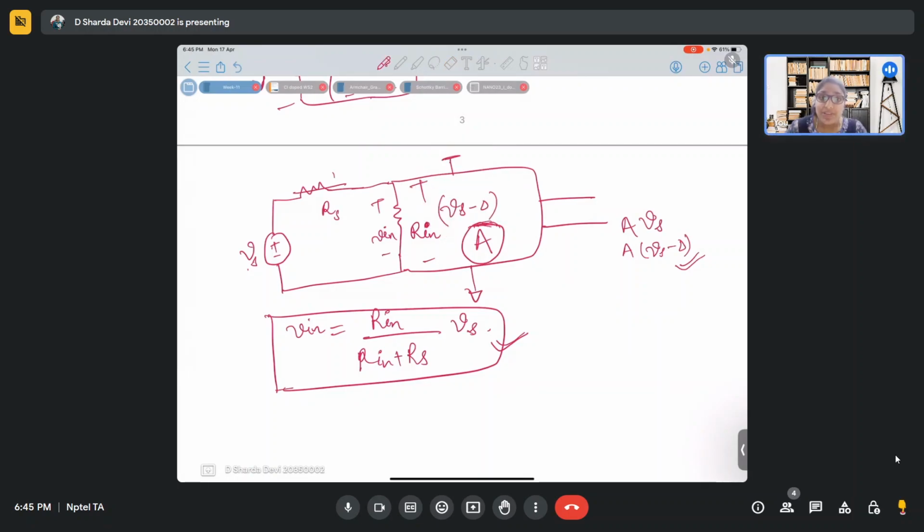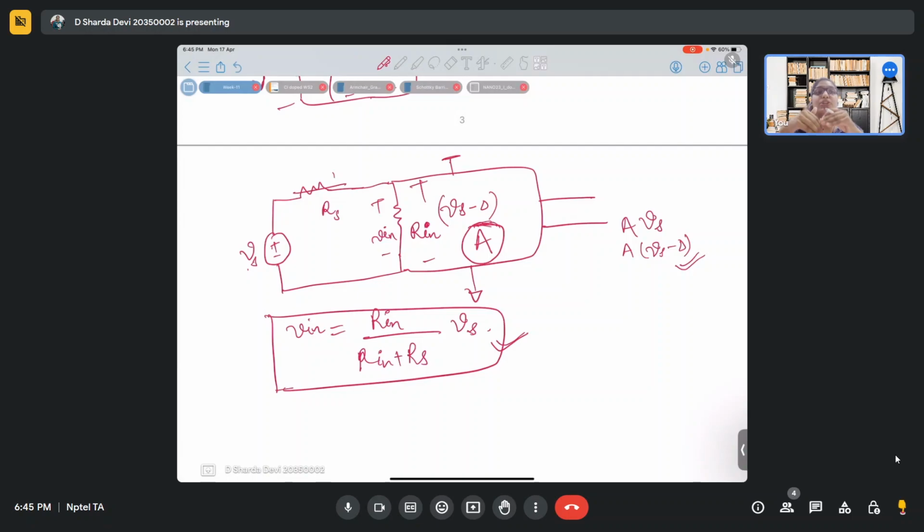So we design our amplifier such that, if there is a source, the resistance coming from that source is always present. Let's say I'm using a battery, for example. That battery will have a certain source resistance, and you cannot manipulate it. It will always be present.